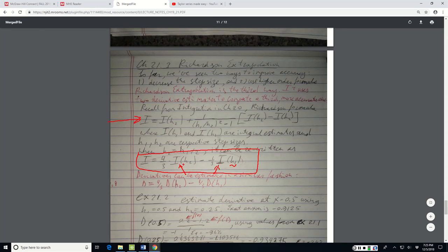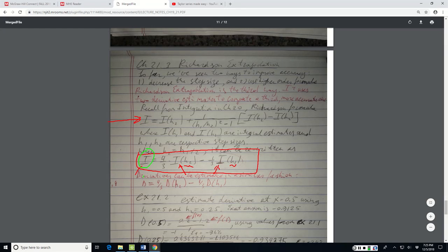Here the step size is h1, and here the step size is h2. And we made the assumption that h2 is half of h1. So we assumed that they're related to each other by a factor of 2. And if you make that assumption, you can get a higher, so I'll circle it in green, a higher order of accuracy estimate of the integral.